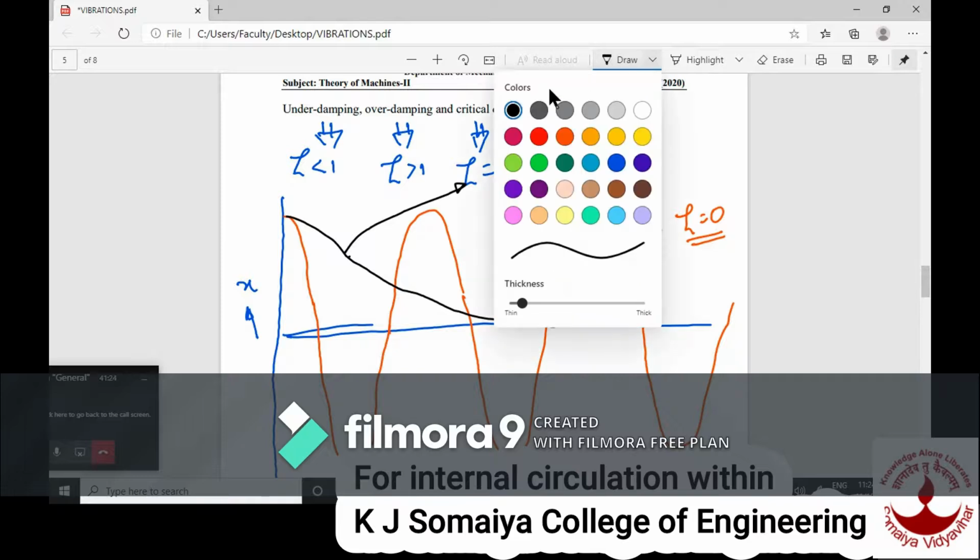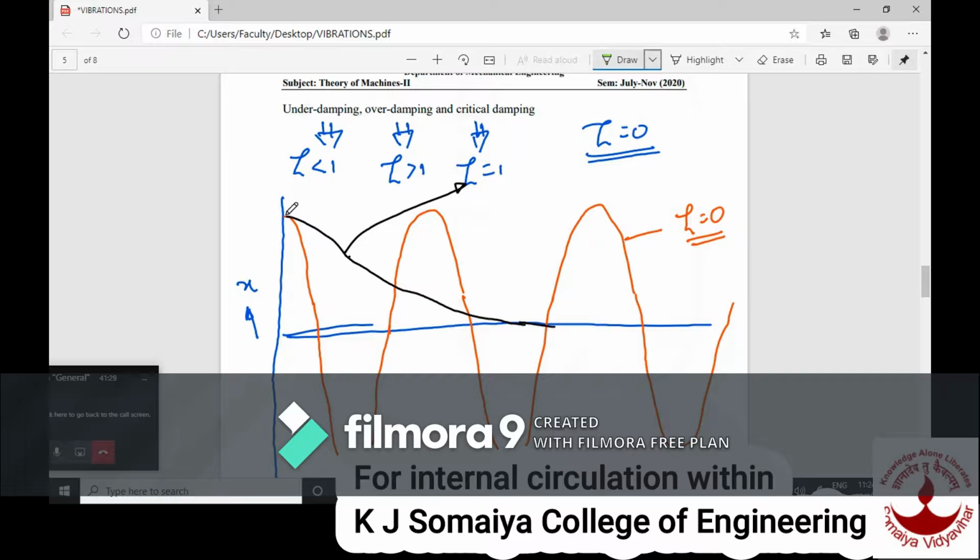Now if I take an example of an overdamped system, it continues with displacement, and the displacement will become zero after a very large amount of time. So it will take time to get damped out.